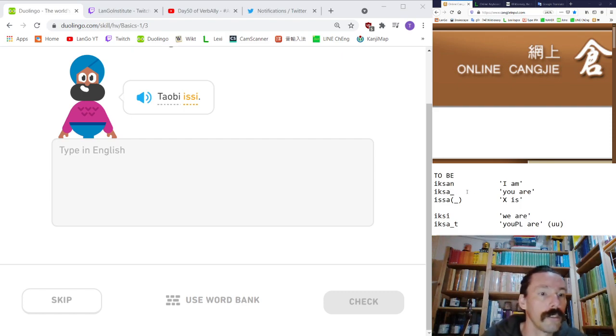Ixa, you are. Issa, X is. X for just third person indeterminate gender. Doesn't seem to be marked in the verb. We don't know. Ixi, we are. Ixat. So it looks like a root or a stem ix mostly, except for issa is.